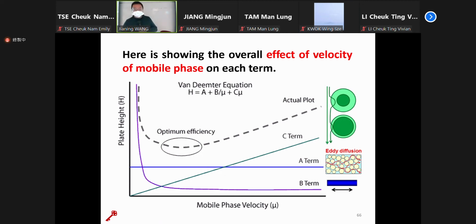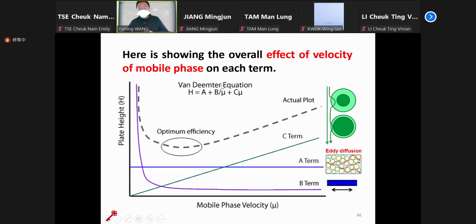For the B term, if velocity is quite slow, it will induce very severe band broadening. And the C term is roughly linearly proportional to the flow rate of the mobile phase. So when we add the three simple lines together, we get this plot.